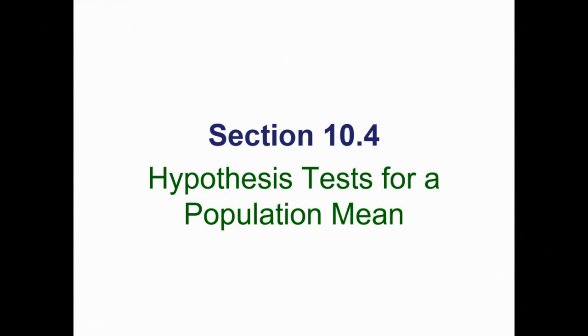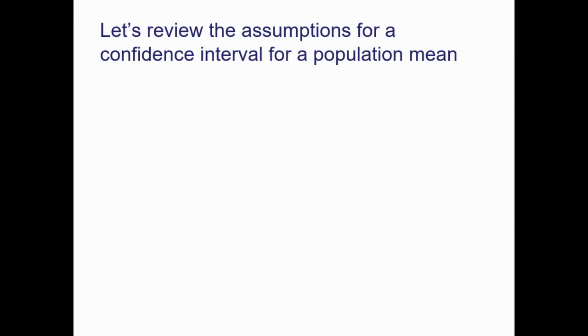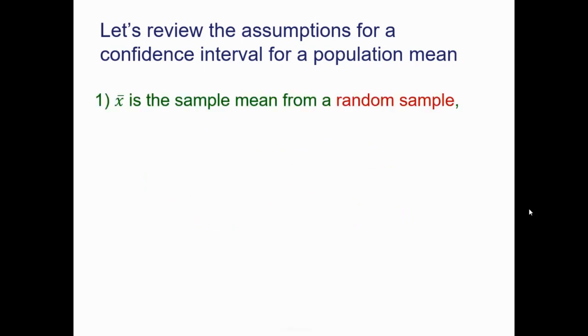So, the past 2 days, we've been looking at hypothesis tests for a population proportion. Today, we're going to look at the test for a population mean. So, to do that, let's review the assumptions that we had to use for a confidence interval for a population mean. There were 3 assumptions we had to make.